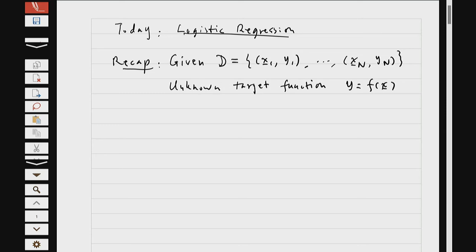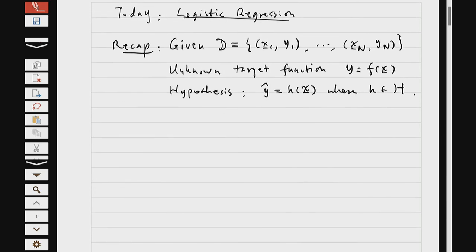We choose the best function to approximate f from a set of hypothesis functions, where h is within the hypothesis set. We call that y hat, our estimation for the label y.